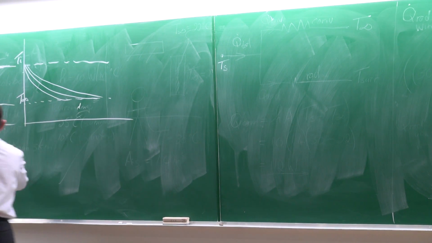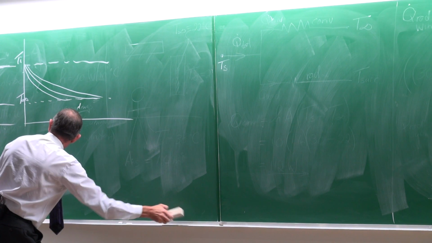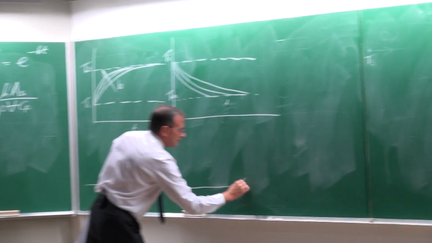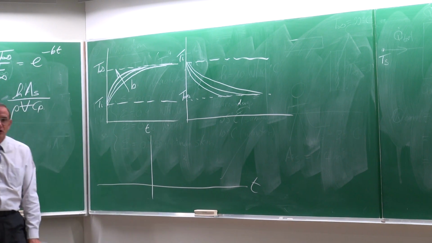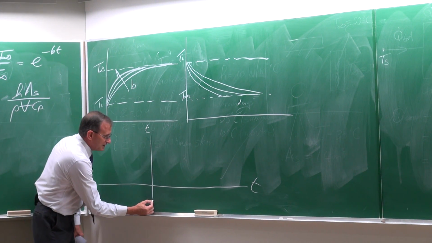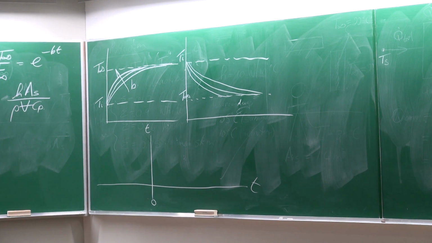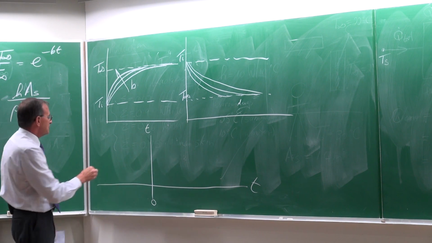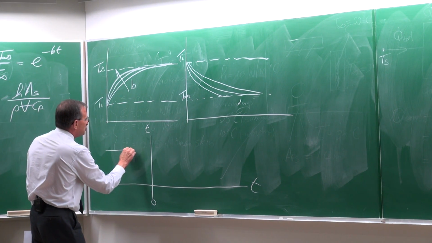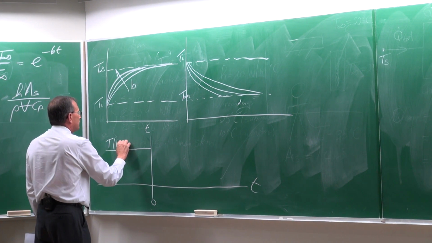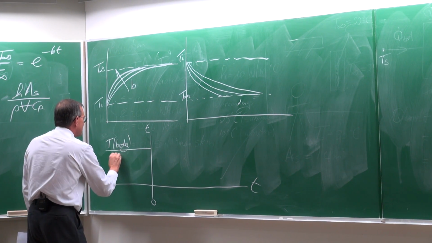And in terms of temperature, okay, we can actually do it like this. That's temperature as a function of time. That can be t equals 0. It's an arbitrary definition of when you want to define it. But before t equal to 0, the temperature in the body would be a steady state.